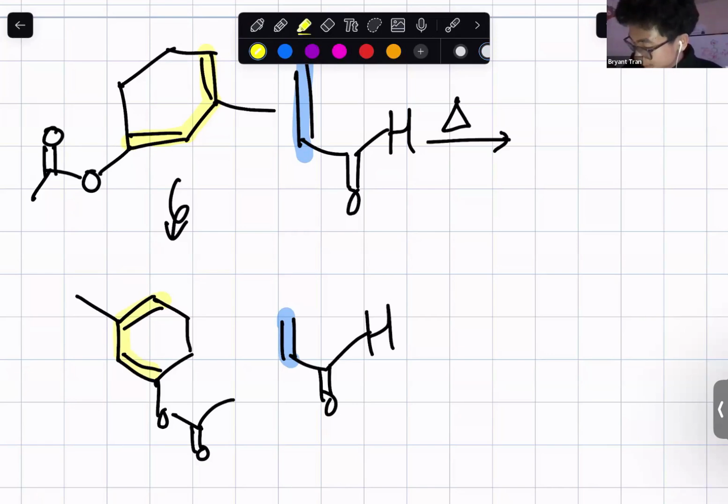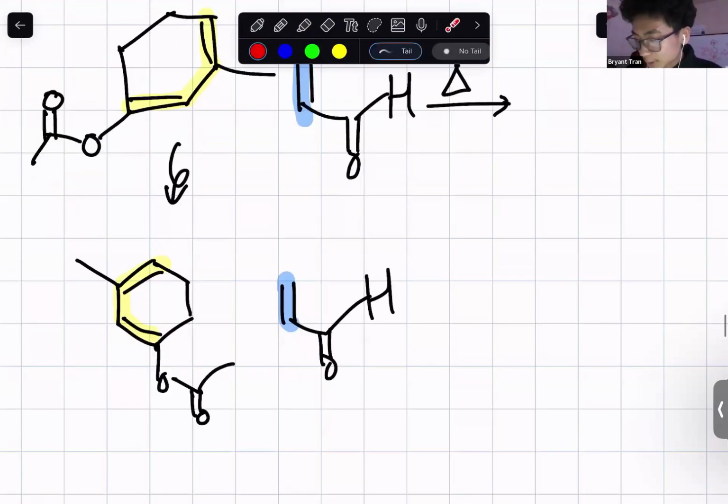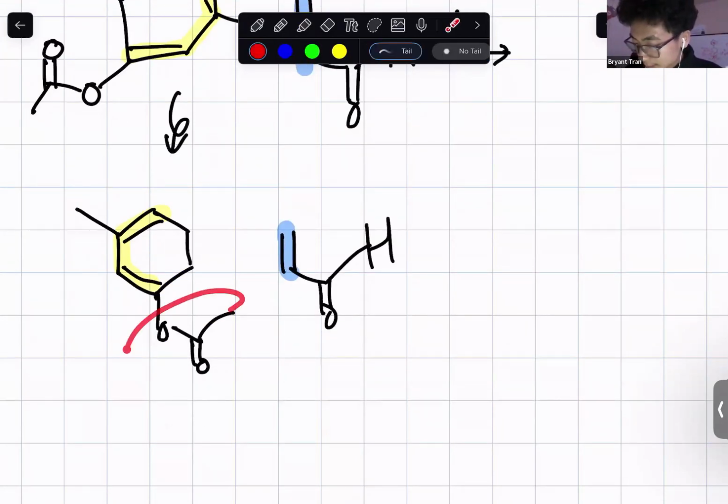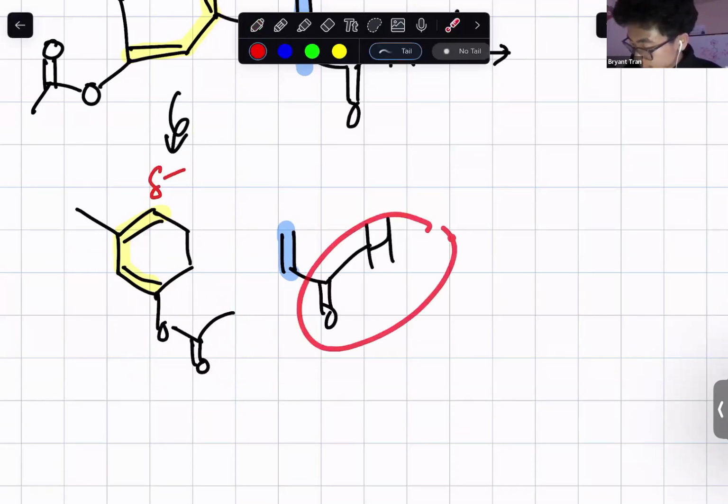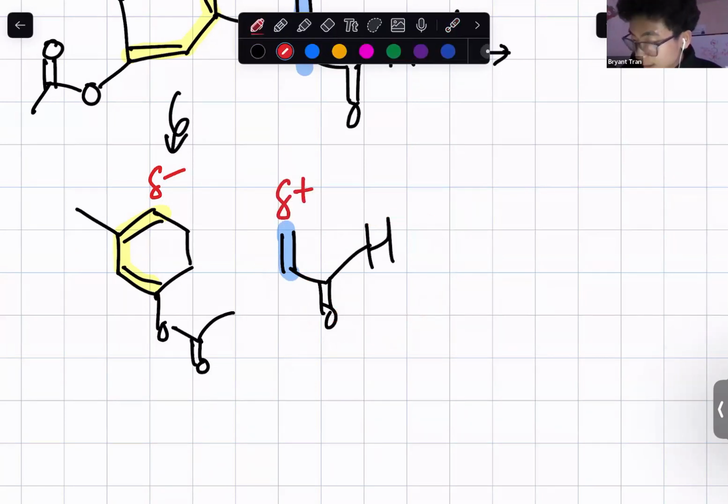Now, we have to make sure the charge is aligned before we move on. This is an EDG here, which when we donate electrons into it, there's going to be a negative charge at that part of the diene. This is an EWG here, so when we do resonance, there's going to be a positive charge on that part of the dienophile. So we got lucky here.